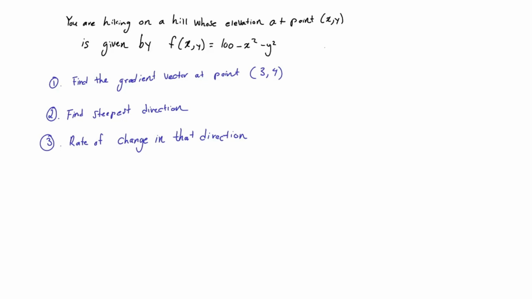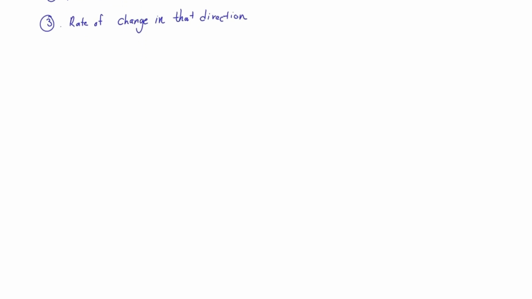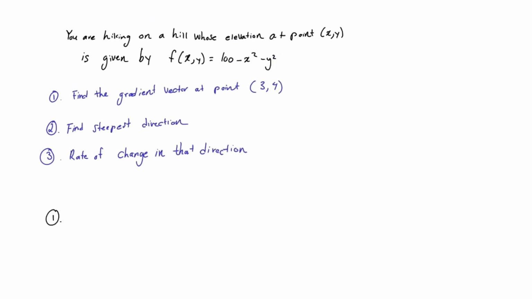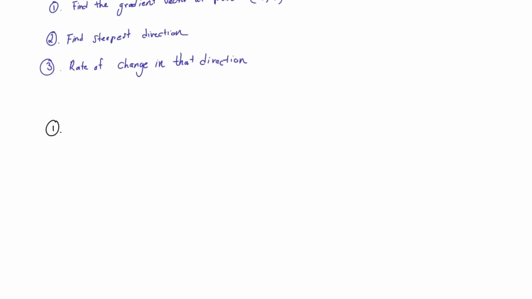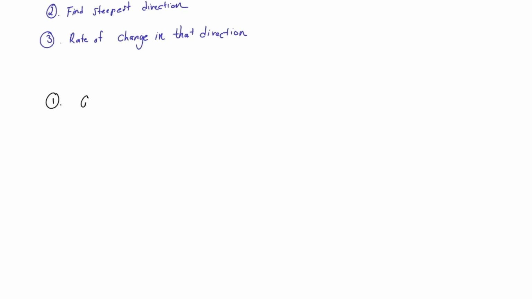So let's start with question number one. What we're going to have to do for question number one is basically find the gradient vector at point (3, 4). So let's start by finding the gradient vector. The gradient vector can easily be defined like this, right?